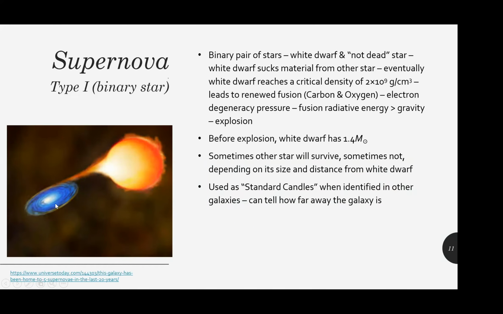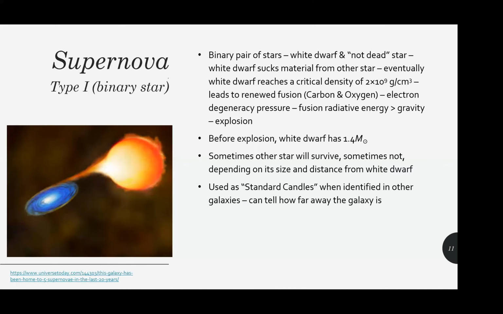Because the white dwarf is so much more massive than its companion star, it'll suck the atmosphere off of the companion star due to its gravity. And as the white dwarf absorbs this material from the companion star, it'll get denser and denser. And eventually it'll reach this critical density, which will lead to fusion taking place anew.